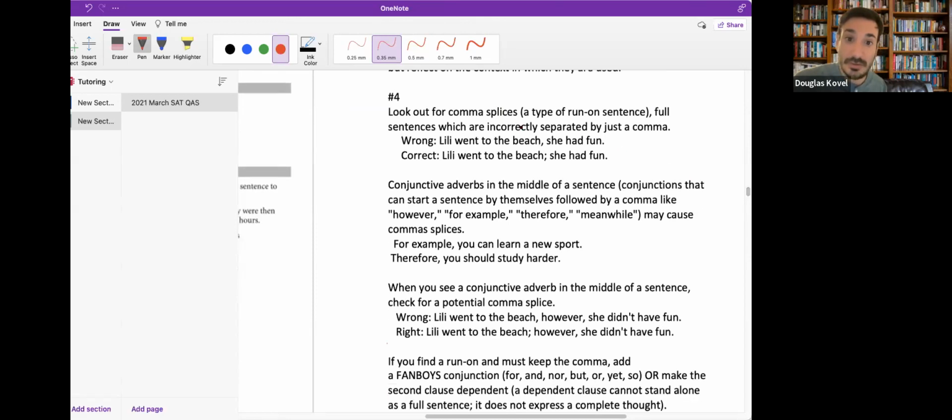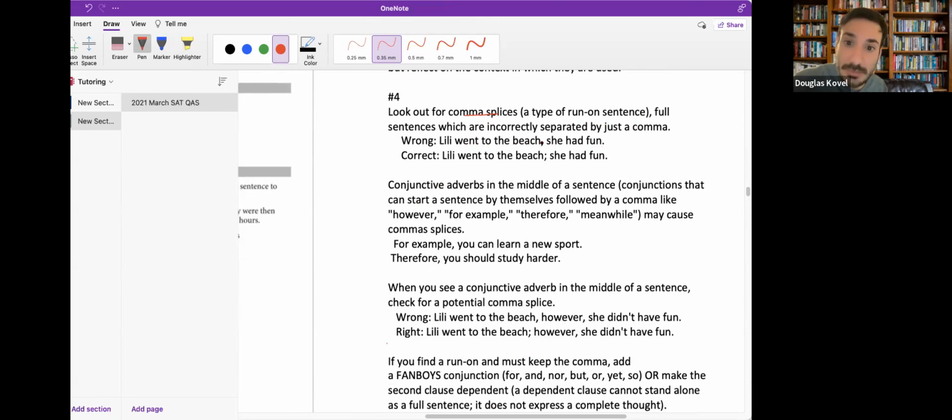One type of error that shows up a lot on the SAT, and which is the error occurring in this question, is called a comma splice. Comma splices are a type of run-on sentence that occur when independent clauses, or full sentences, are incorrectly separated by just a comma. For example: Lily went to the beach, she had fun.